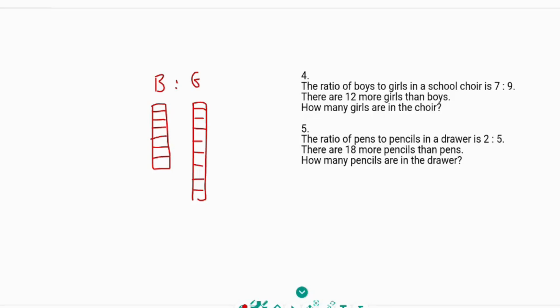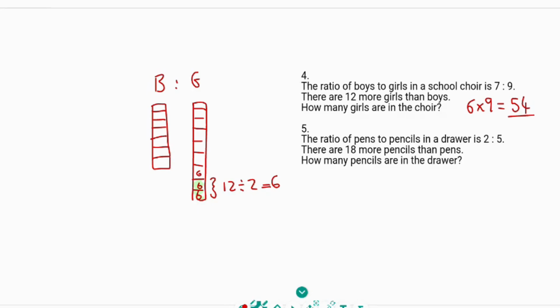How many more boxes have we got? Just 2 more boxes. Because you can see I haven't really drawn the boxes an equal size here, but we've got 7 boxes, 9 boxes, so 2 boxes extra for the girls. 12 divided by 2, 6. Every box is worth 6. How many girls are there? Girls is on the right hand side of the ratio, so we've got 6 times 9, 54.